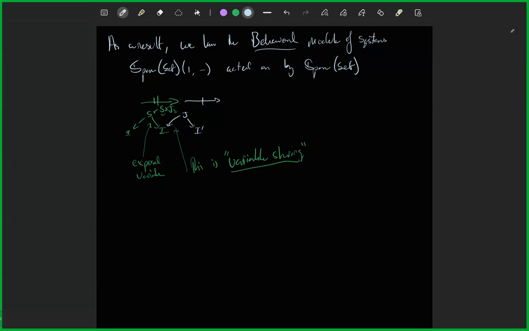What I mean by that is, because the construction only depended on the formation of pullbacks, we could actually replace this by any category with pullbacks. You can write down the same sort of thing.